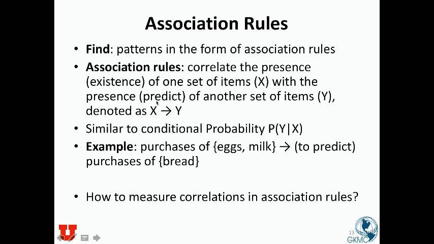The way you think about an association rule like X implies Y is very similar to thinking about conditional probability: given that X has already been purchased, or X has already appeared in an event, what is the probability that Y also appears? In fact, this conditional probability is one of the important metrics for association rule mining too. So here's another example.